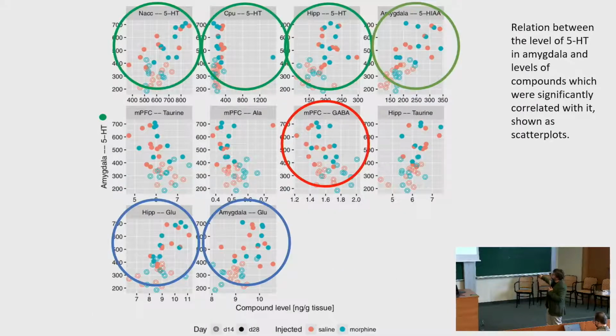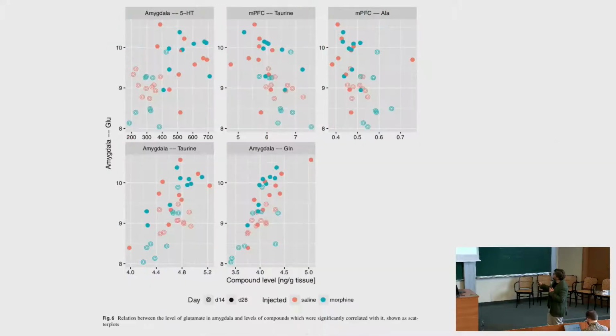So we extracted the correlation of the serotonin in amygdala, and serotonin in amygdala negatively correlates with the GABA concentration in the medial prefrontal cortex, but positively correlates with the glutamate in the amygdala and glutamate in the hippocampus. What is also interesting, it positively correlates with the serotonin in the hippocampus and nucleus accumbens, and also with the serotonin in the CPU.